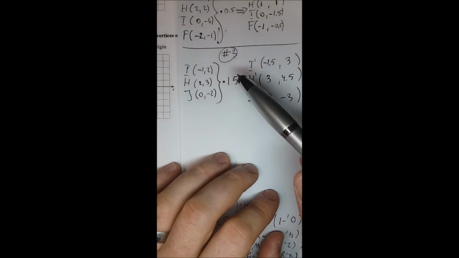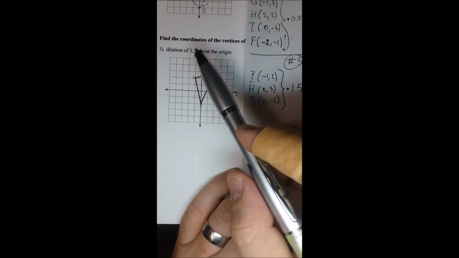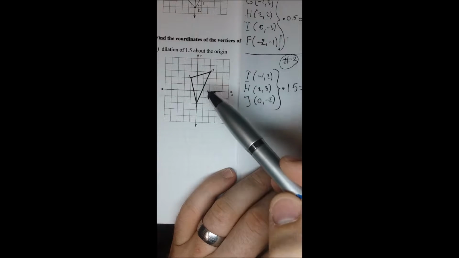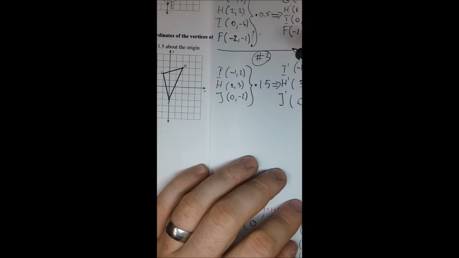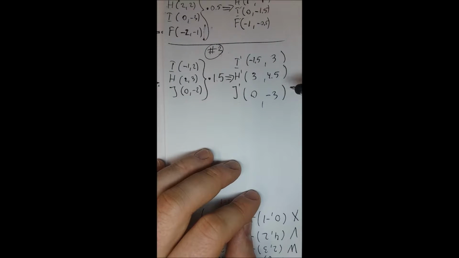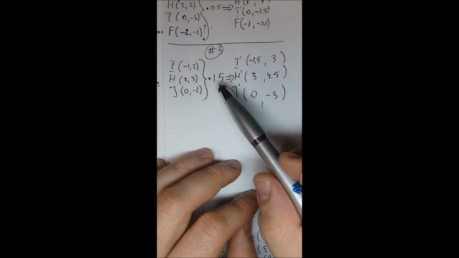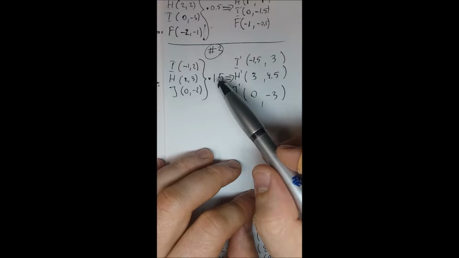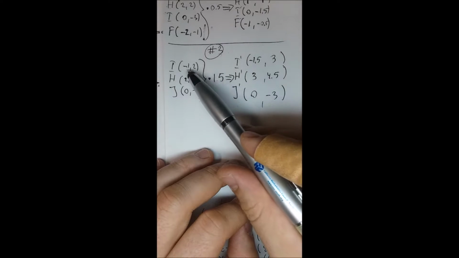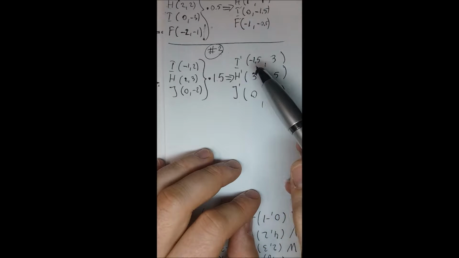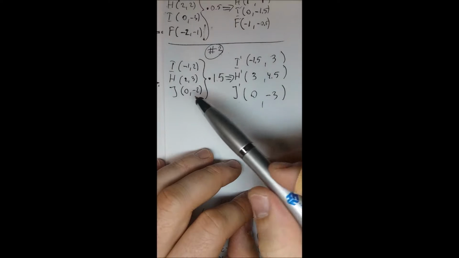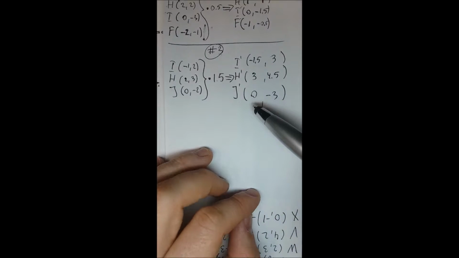You don't need to graph example 3. It didn't say to graph. It just says find the coordinates of the vertices, and these are the vertices. And here you go. All right, so once you multiply, use a calculator for that to speed up the process. And there you go, 1.5 times -1 is -1.5, and so forth. So that's how you get from these coordinates to the prime coordinates.